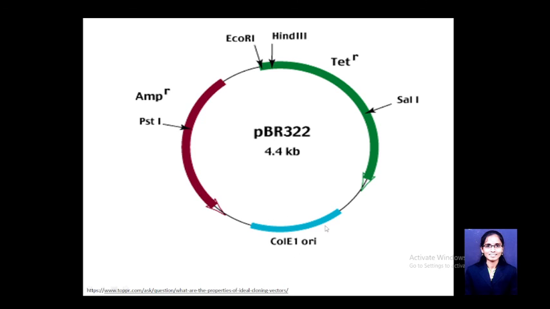This is the origin of replication. This is the artificial plasmid, synthesized by using parts of naturally occurring plasmids, and it is very famous in the genetic engineering field because it has a number of restriction enzyme sites, and if I do not have any of these restriction enzymes, I can use alternative restriction enzymes to use this plasmid.